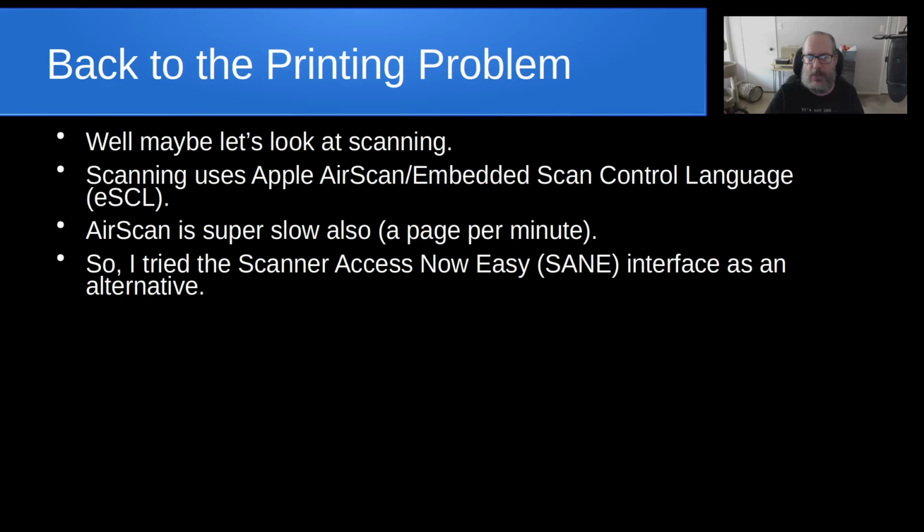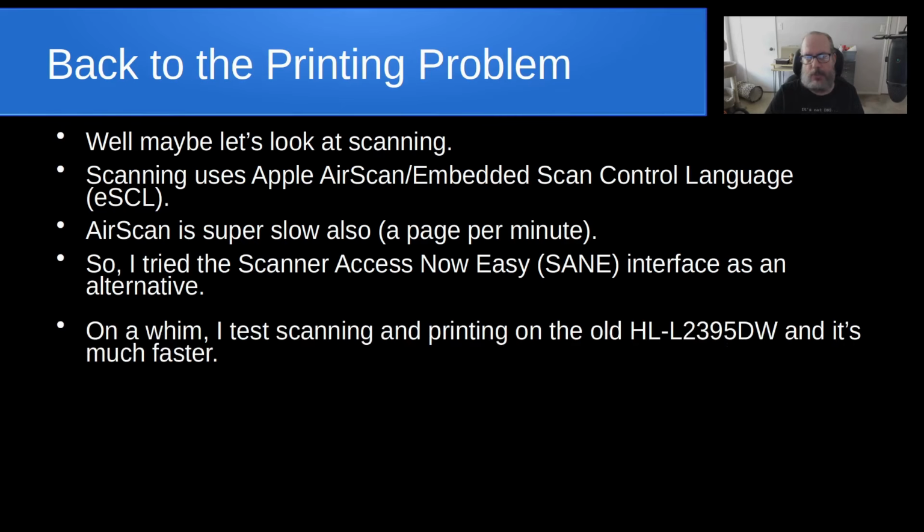I bet you didn't know that Scanner Access Now Easy is the expansion of that acronym. And I tried that as an alternative. SANE was the replacement for the very old Twain scanning protocol, and SANE had the same sorts of issues.